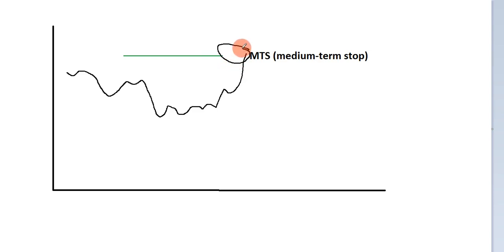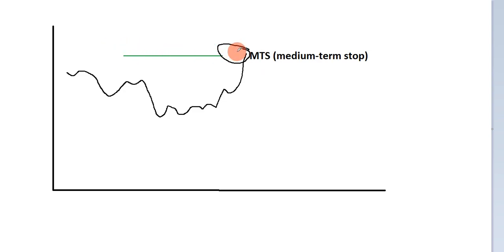And once it does it, like here we had the stops of the dumb money sellers because the MTS is above the price. If the MTS would be below the price, it would be the stops of the dumb money buyers. In this example, we see that they conduct the stop hunt, they take out the stop, and of course the dumb money therefore cashes in their losses, while the smart money profits. Okay?